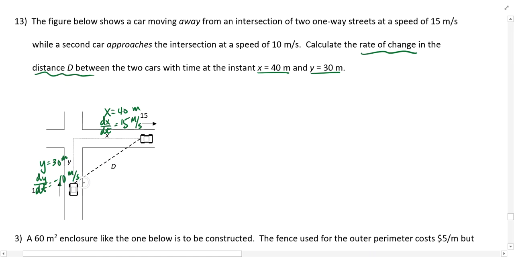Now, the distance between those two cars is simply the length across the hypotenuse of that right triangle. So distance squared is going to be equal to x squared plus y squared.